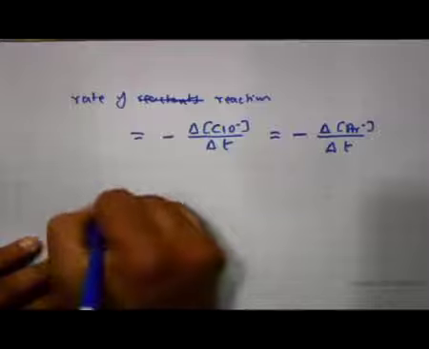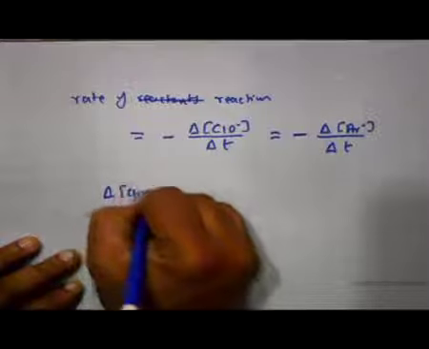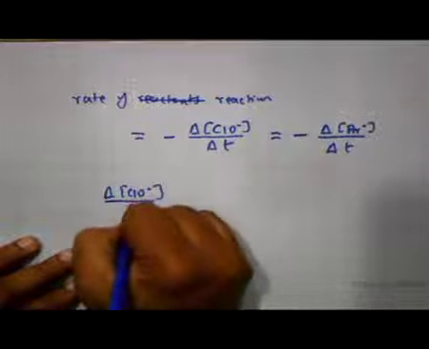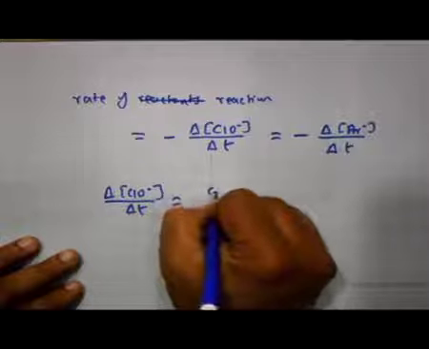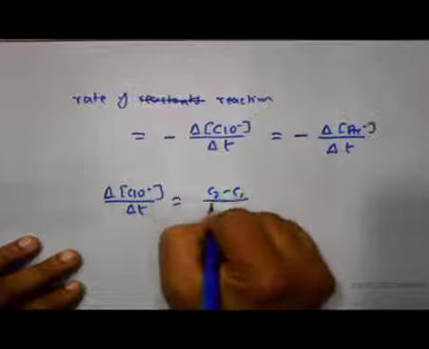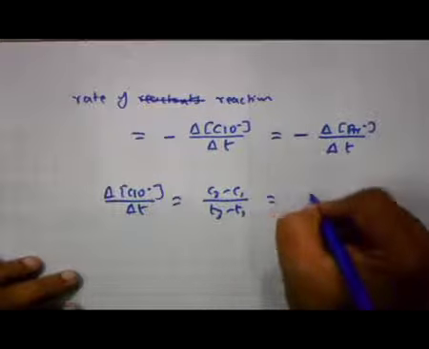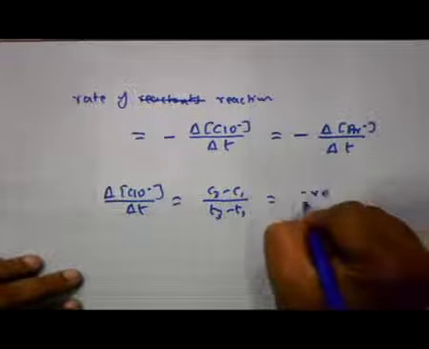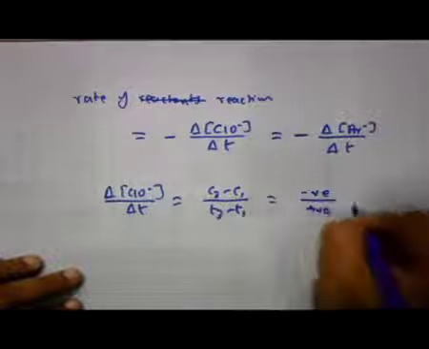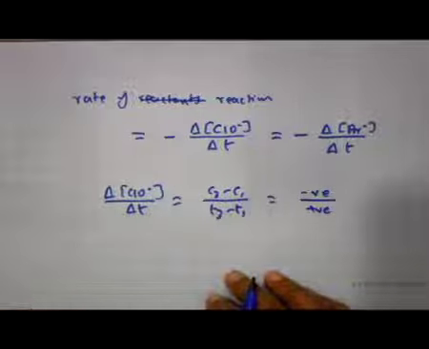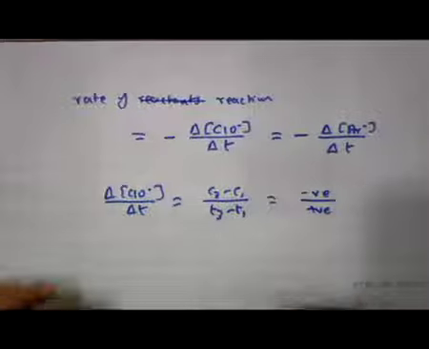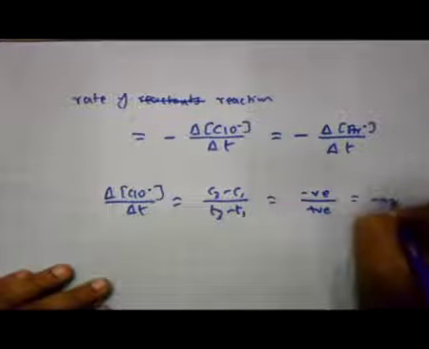So, if I express it like this again, C3 minus C1 over T3 minus T1. The first one is a negative quantity, that means the numerator is negative and the denominator is positive, so we get a negative value.